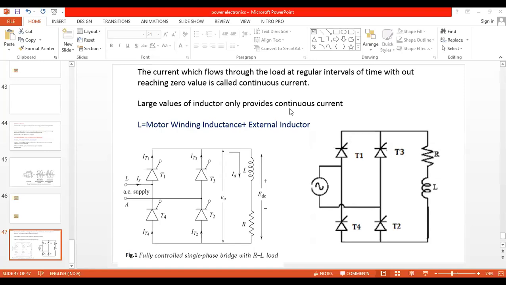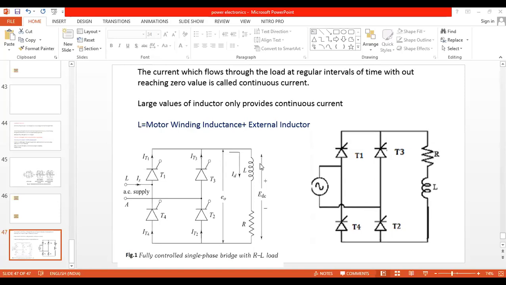So if you want to design a converter to control the electric car position or the lift position, you must place the converter circuit, but along with the motor you must add one external inductor whose value is very large. We will see what the practical value of that inductor is. Very small values of inductor provide discontinuous current.